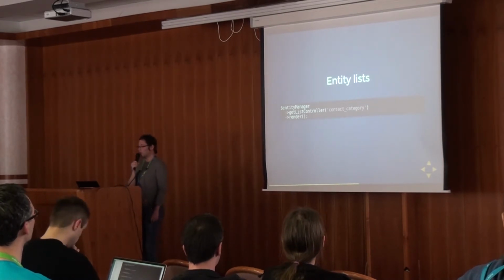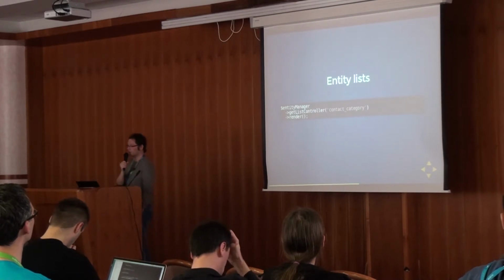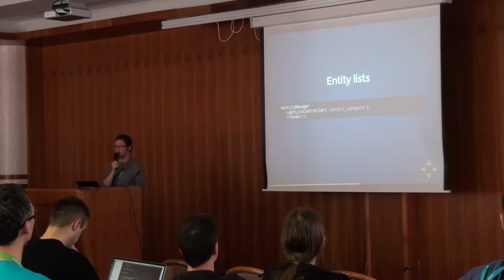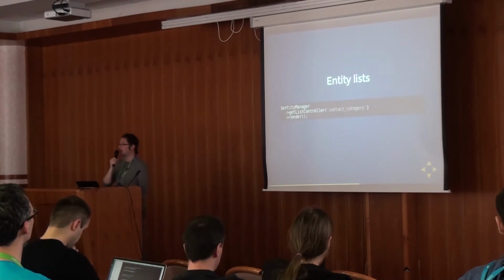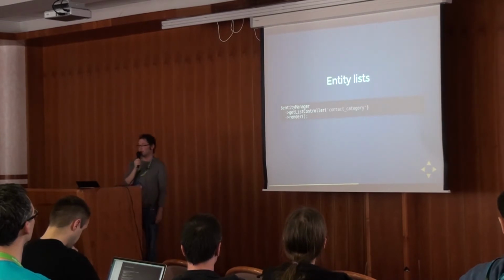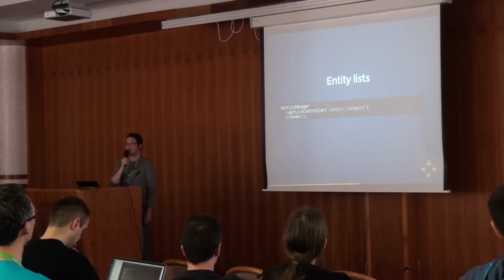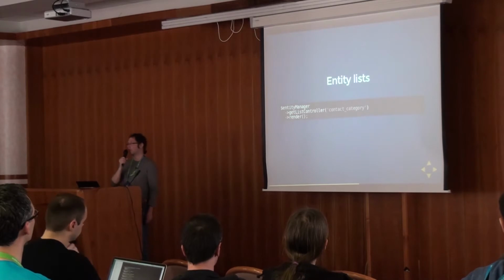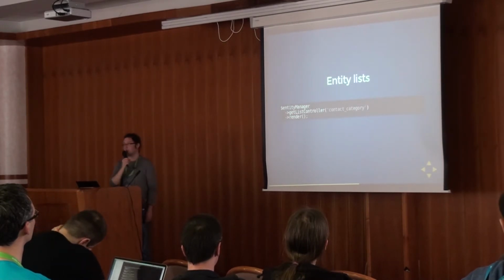This one is mostly used for configuration entities, like node types or content categories. It provides the usual overview screen where you see the list of entities, you can add a new one, stuff like that. So it's really convenient for building the administration screens. It's right now not used for content entities because all those lists are replaced by views in Drupal 8, so it's not really needed for those.